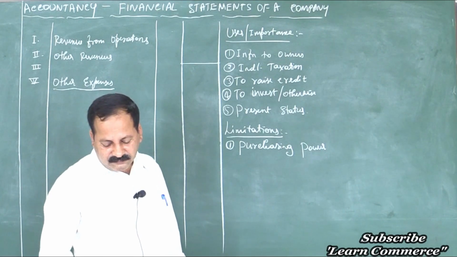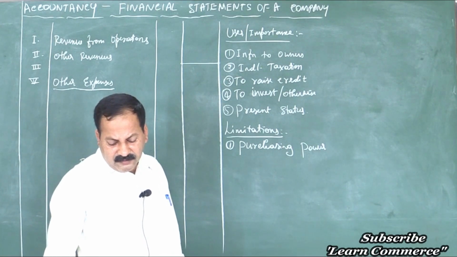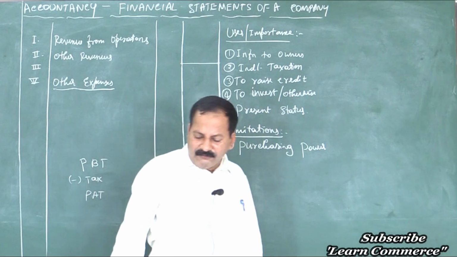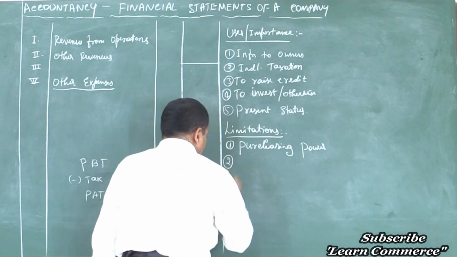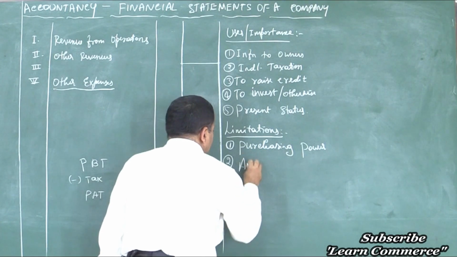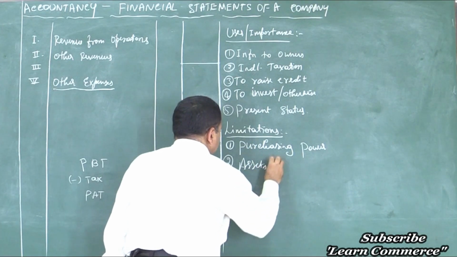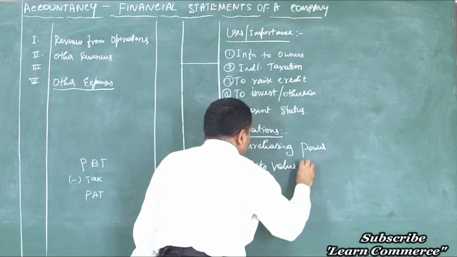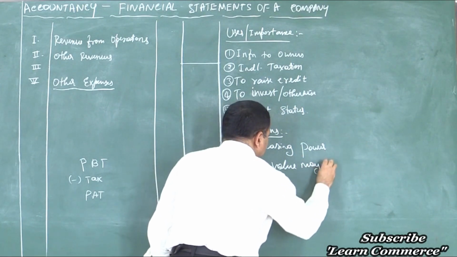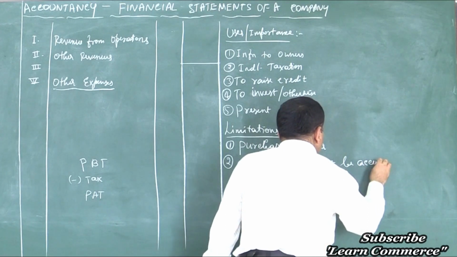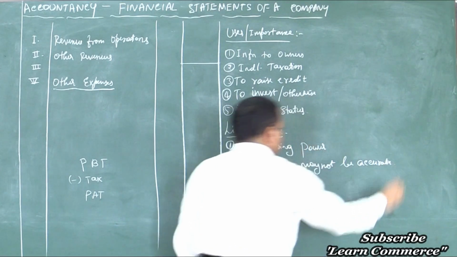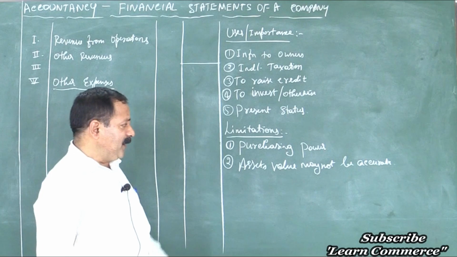Then, the assets shown in the balance sheet may not be actual, that is window dressing. I already told you just now, the asset value may not be accurate. It might have been window dressed.